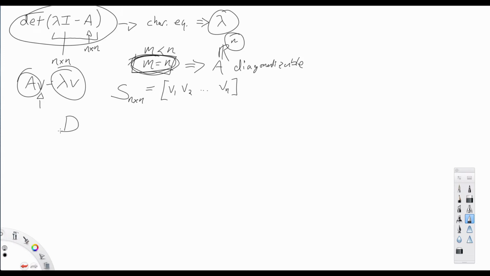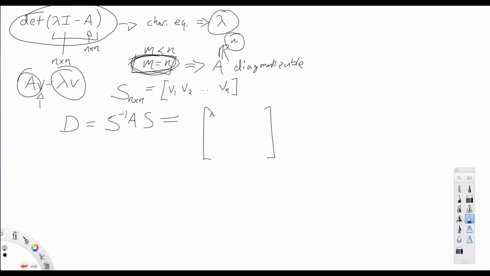I'm going to say that this matrix D, which is a diagonal matrix, is going to be equal to the inverse of S, which is the concatenation of the linearly independent eigenvectors, times A times S. It turns out if we go through this multiplication and determine what this matrix D is, it is diagonal, which means that all of the elements that are not on the diagonal are 0, and the elements that are on the diagonal are special values.